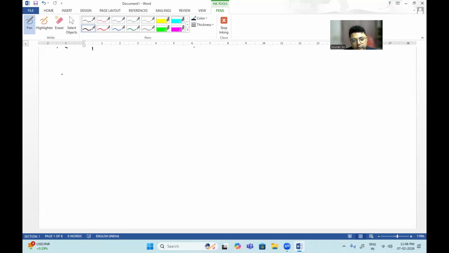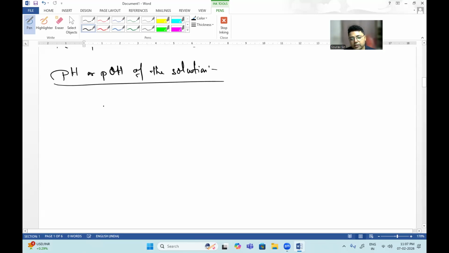Now, how can we find the pH or pOH of the solution? We have already discussed that pH is the negative, p meaning potential, logarithm of the hydrogen ion concentration, and pOH is the negative logarithm of the OH minus concentration.